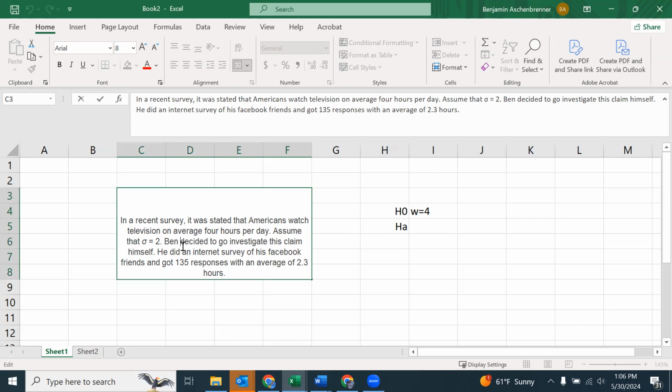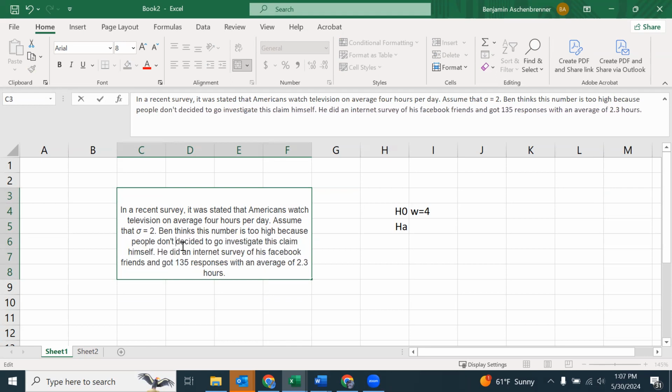So I'm going to say Ben thinks this number is too high because people don't watch as much TV as they used to. So then what I'm essentially saying is I think the number is less than 4.